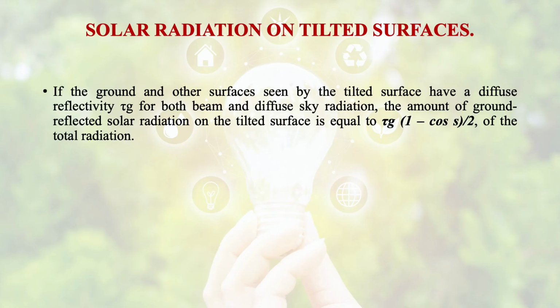If the ground and other surfaces seen by the tilted surface have a diffuse reflectivity of rho g for both the beam and diffuse sky radiation, the amount of ground reflected solar radiation on the tilted surface is equal to rho g into (1 minus cos S) by 2 times the total radiation.